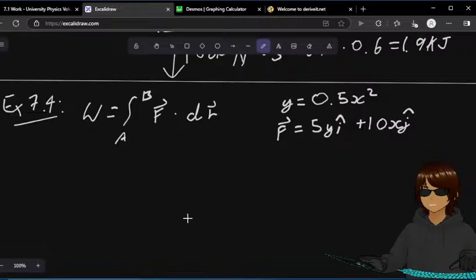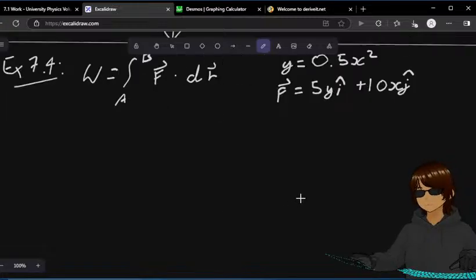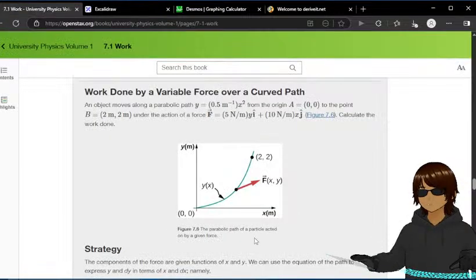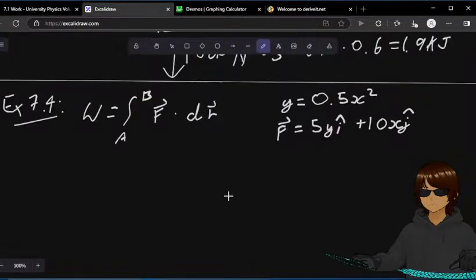Do we consider work in the x direction and then work in the y direction? So throughout this path, there was work in the x direction.